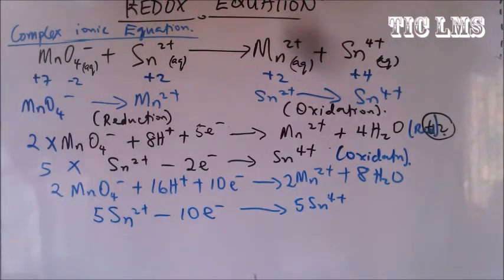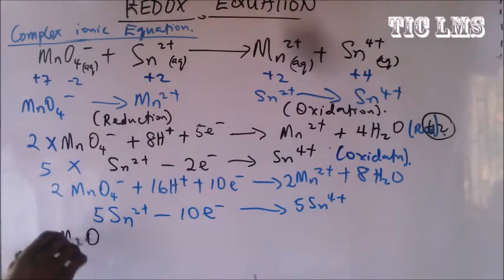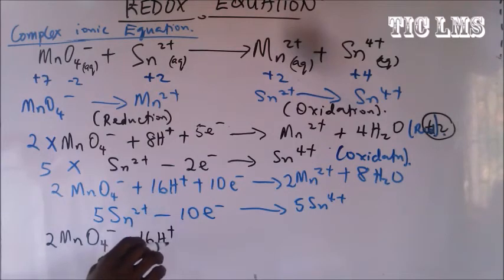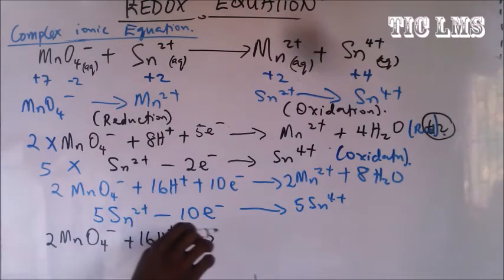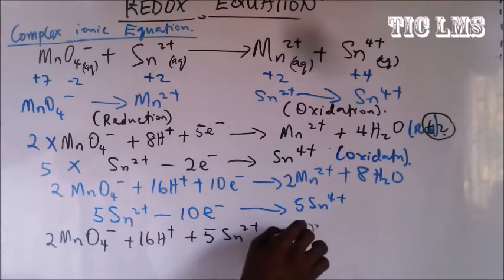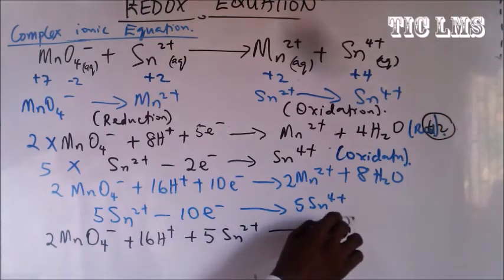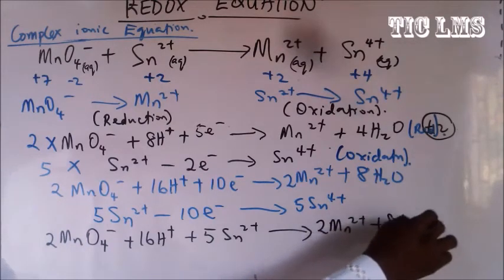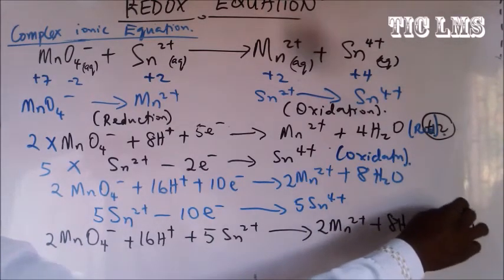And finally, we'll write our net equation. The net equation for this reaction will be 2MnO4- plus 16H+ plus 5Sn2+, and then we have 2Mn2+ plus 8H2O plus 5Sn4+.